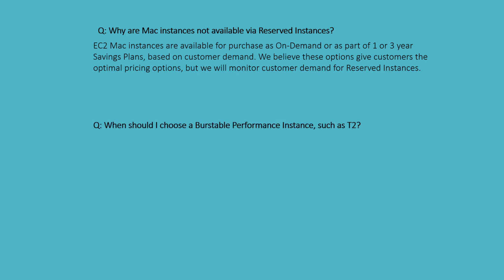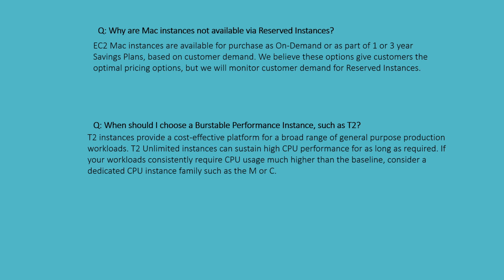When should I choose the burstable performance instances such as T2? The T2 provides a cost-effective platform for bursty and general purpose production workloads. T2 unlimited instances can sustain high CPU performance for as long as required.